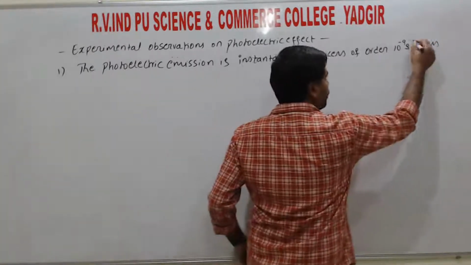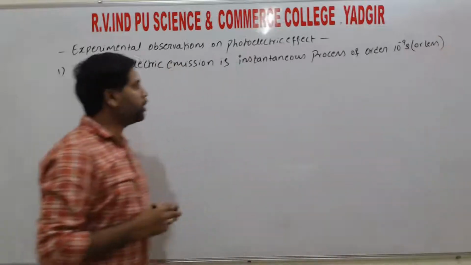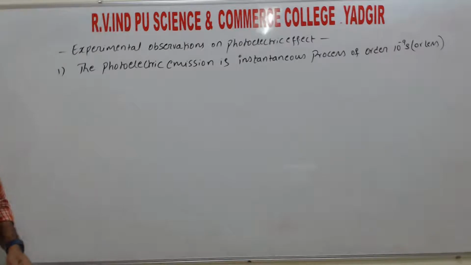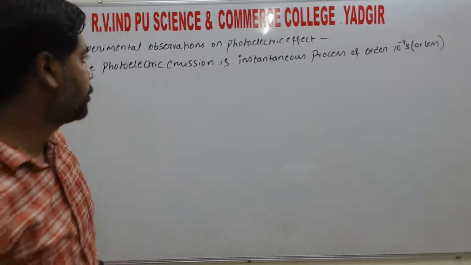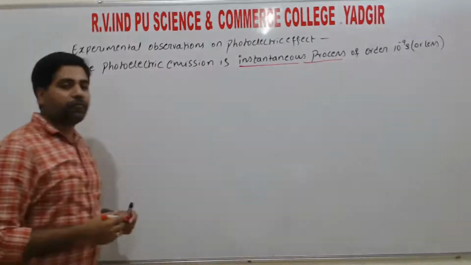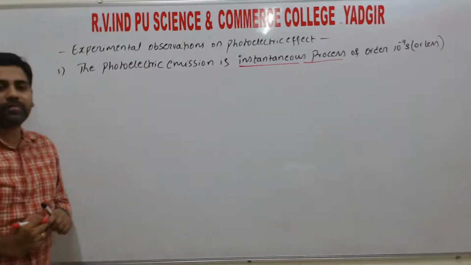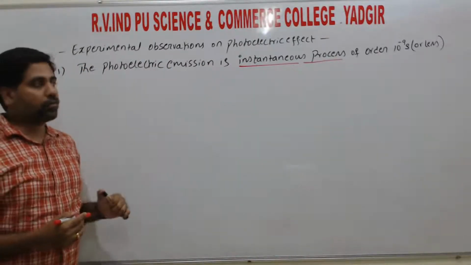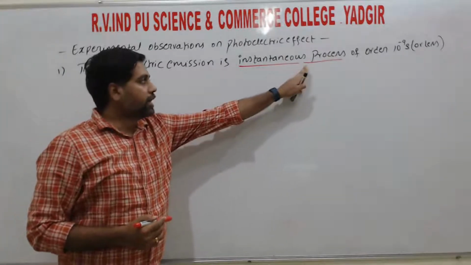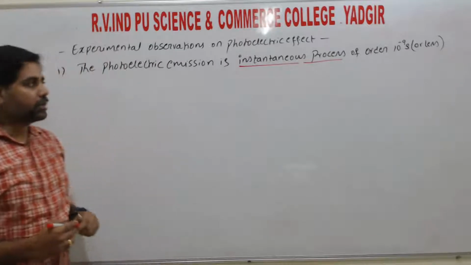So this one is the first point. Within a short time, when the frequency is greater than the threshold frequency, the electrons are emitted. For that reason, we say that the photoelectric emission is an instantaneous process, right?